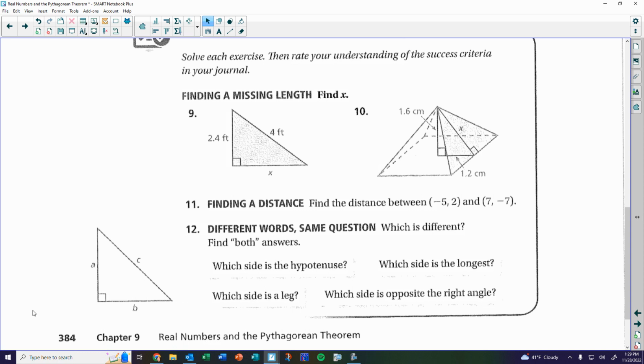So number 9, okay, here's the right angle. So the side opposite, this is your hypotenuse. So we're looking for a missing leg. So a squared plus 2.4 squared equals 4 squared. Well, 2.4 squared is 5.76.